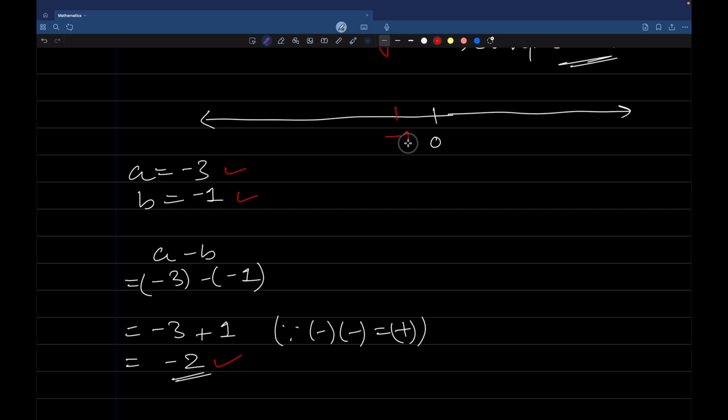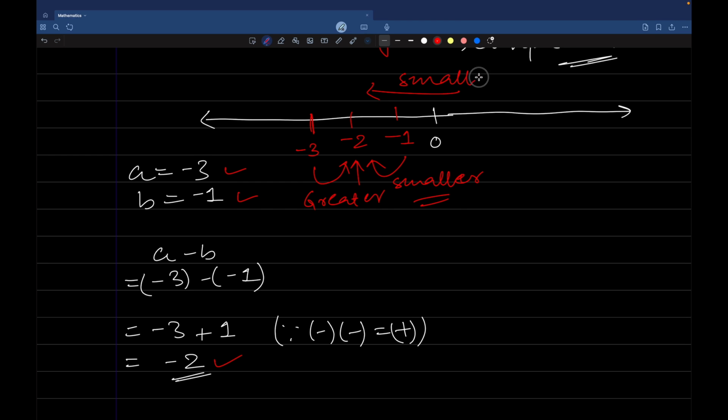We have -1 on the right of the number line, then we have -2 and -3. -2, that is the difference, is greater than -3 but smaller than -1. When we go on the left of the number line, we get smaller numbers. When we go on the right of the number line, we get larger numbers.